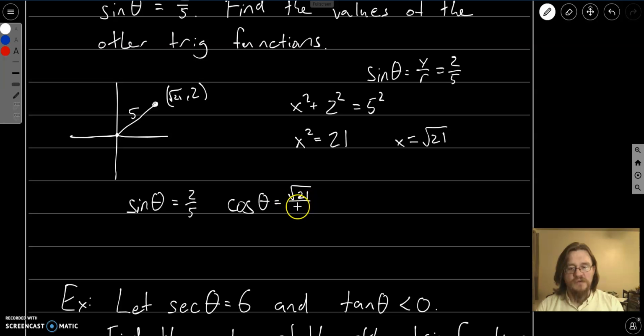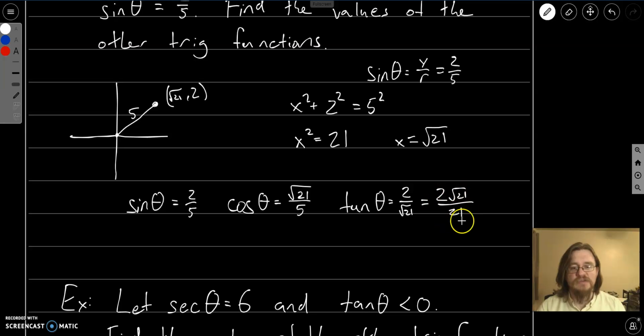So square root of 21 over 5. And then the tangent of theta is going to be y divided by x. So this is going to be 2 divided by the square root of 21. Typically, they want us to rationalize our denominators. So multiply the top and the bottom by the square root of 21 to get 2 root 21 over 21, and that's as simple as we can make it.